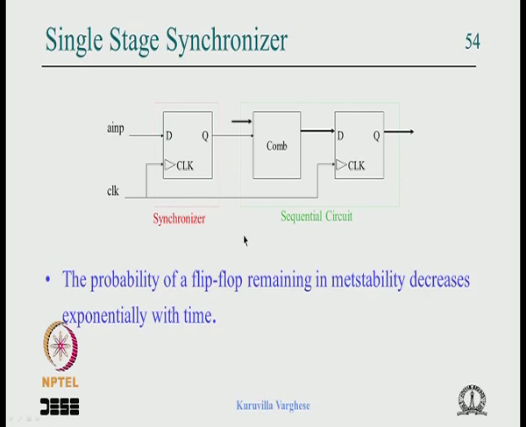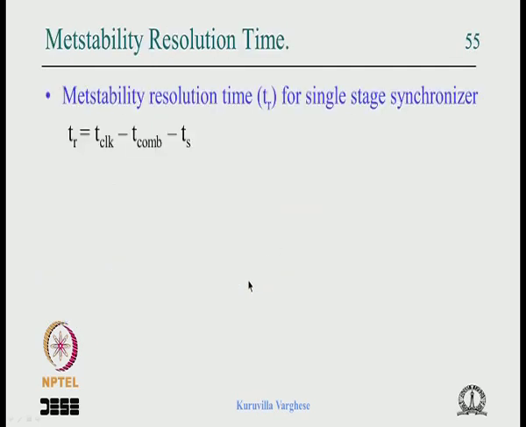Okay. So if it is large enough and if it occurs very seldom then it is okay. But if that is not okay, the metastability resolution time for a single stage is t clock minus t com minus t setup, then we have to increase it. We cannot, at least from the outset, tamper with the clock period.